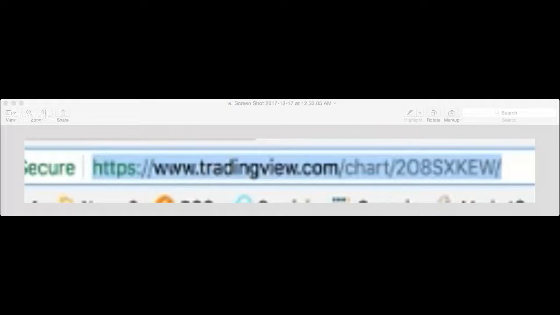So I'm going to open up another window so that I can get the chart. Another thing that he does is that he takes you into Google Images, which is an old trick of mine, to get you started in looking and finding these patterns.